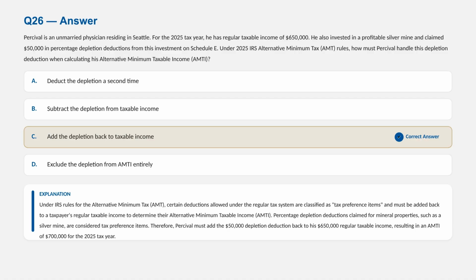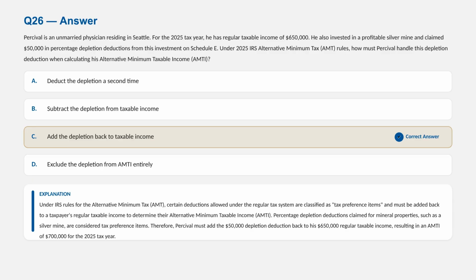Under IRS rules for the alternative minimum tax (AMT), certain deductions allowed under the regular tax system are classified as tax preference items and must be added back to a taxpayer's regular taxable income to determine their alternative minimum taxable income (AMTI).